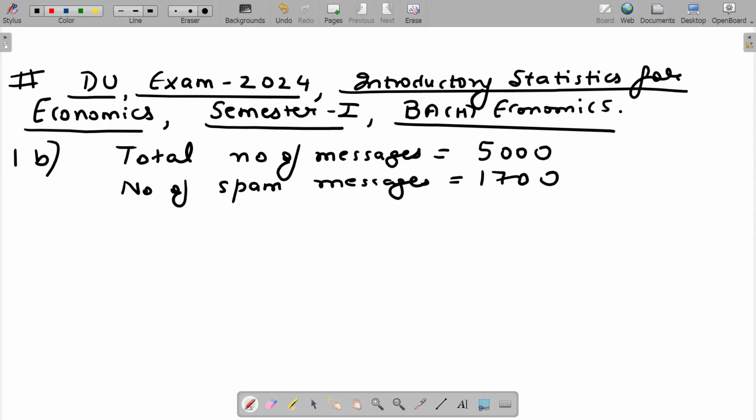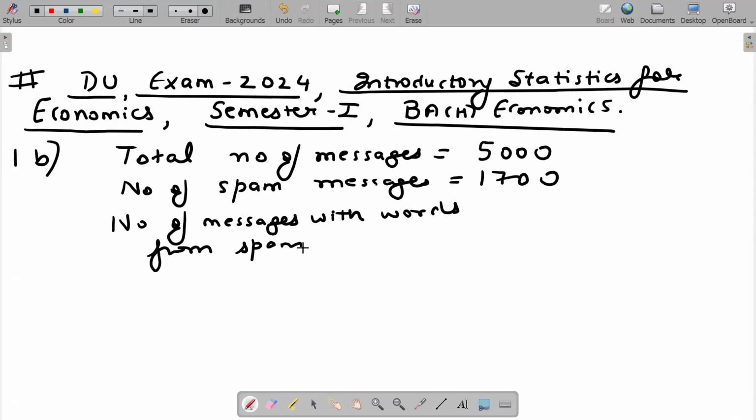I can further write how many of the spam messages have words from the spam list. Number of messages with words from the spam list is 1,343.